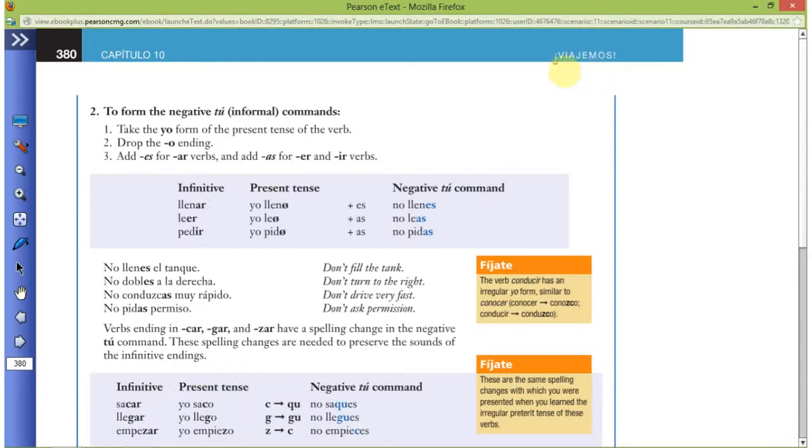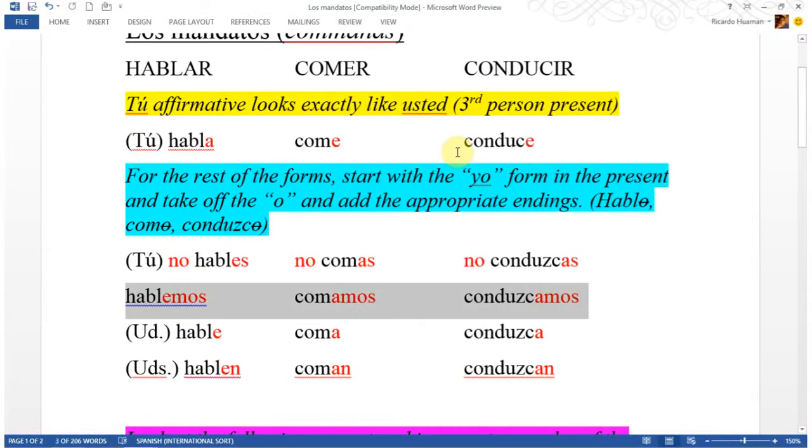You see that? That's nosotros. That's a nosotros command, but it's not even here yet. But I just went ahead and threw that in because it's so simple. All you do is follow the letters from here, from tú negative on down. E, A, A.